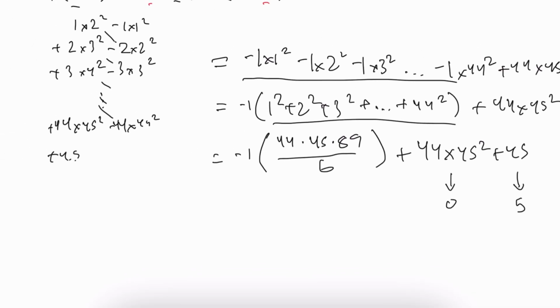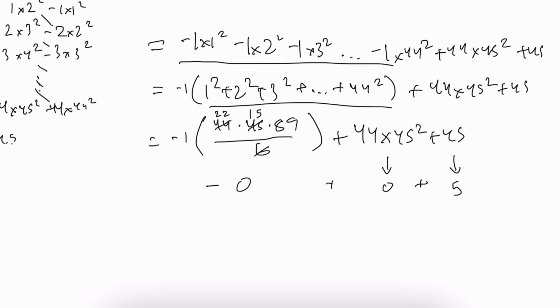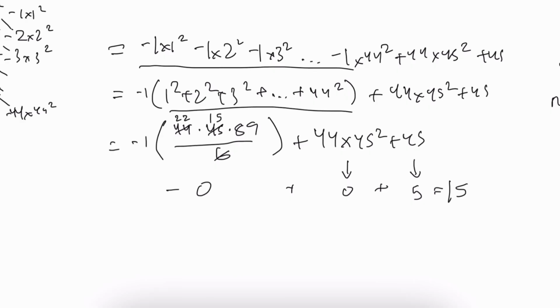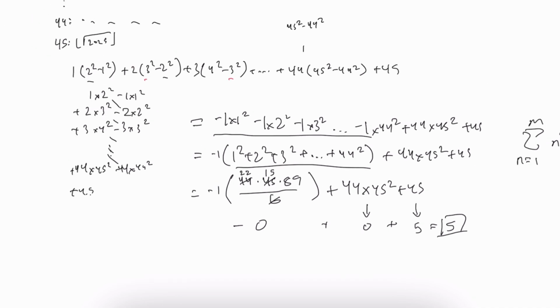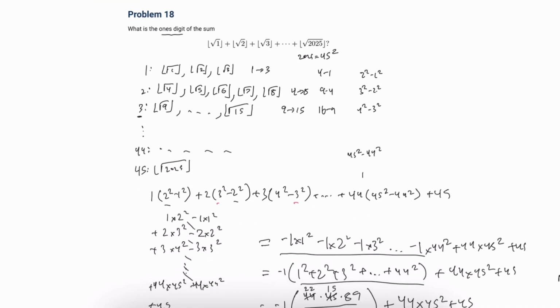For the first term, we can divide by 2 from 44 and 6, and divide by 3 from 45 and 6. Again, this product has a multiple of 22 and a multiple of 15, so it is a multiple of 10, and we just subtract 0 from this one. Adding this up, we get that the units digit of our sum is just 5. And yeah, that's it.